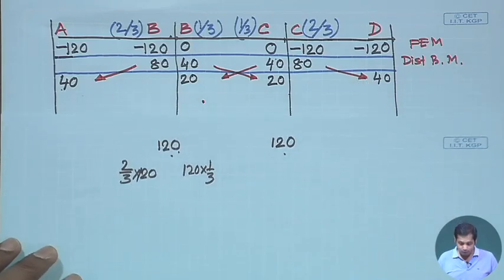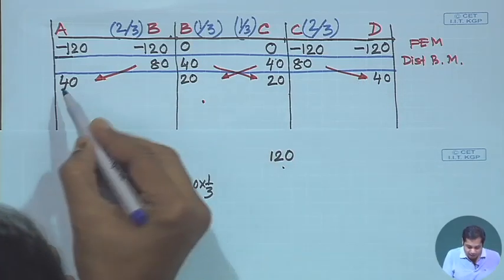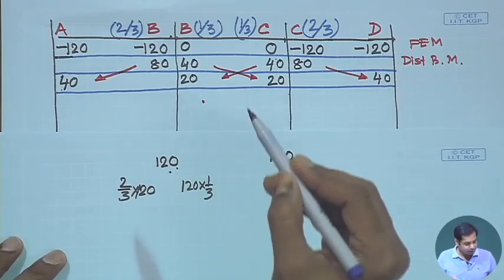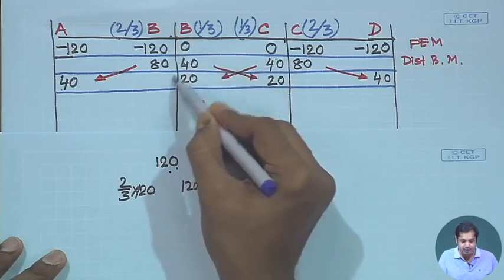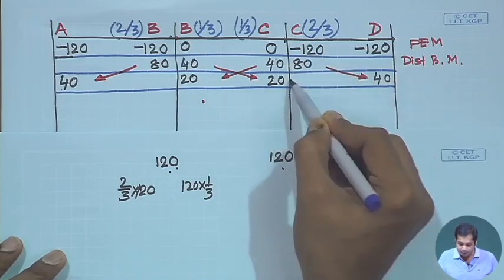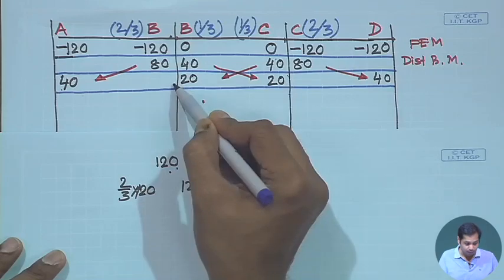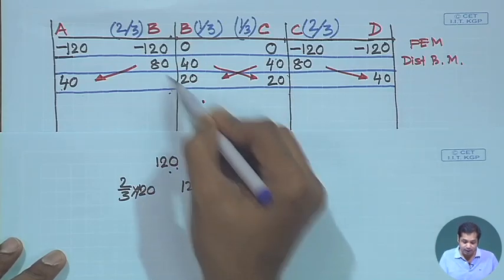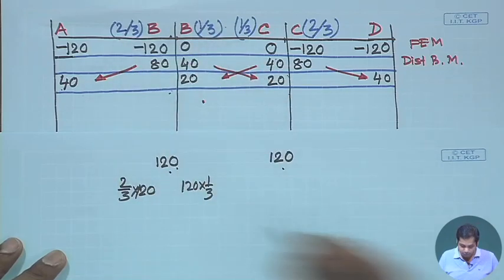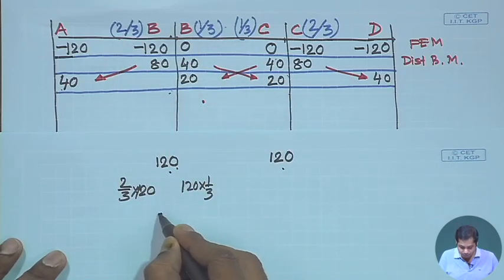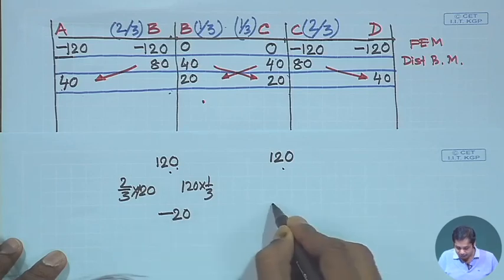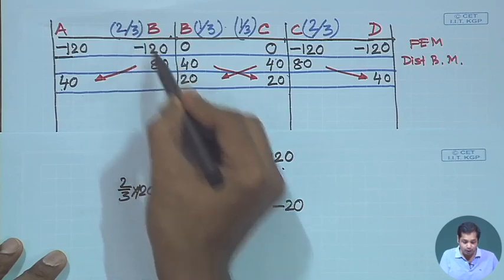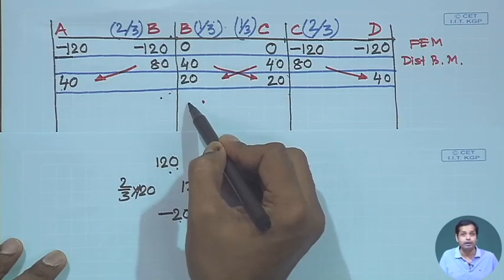Okay. Now, once we have the carryover moment, again we need to check the status of equilibrium. At B there is an unbalanced moment of 20, and at C also there is an unbalanced moment of 20. We need to apply minus 20 at B and minus 20 at C, and this minus 20 will get distributed. 2/3 of 20 will be here and 1/3 of 20 will be here.